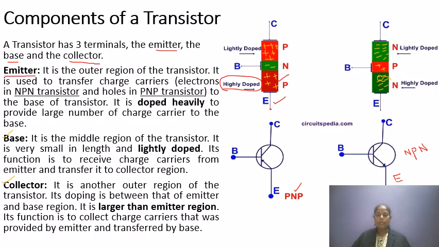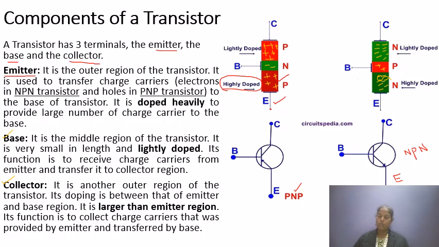Both are outer regions, but the emitter is heavily doped and the collector is slightly doped. Compared to both the emitter and collector, the base is very small, and it is very slightly doped by the opposite charge. In the case of an NPN transistor, this is the collector, this is the base, and this is the emitter. The emitter is heavily doped, so it emits all the charge carriers.